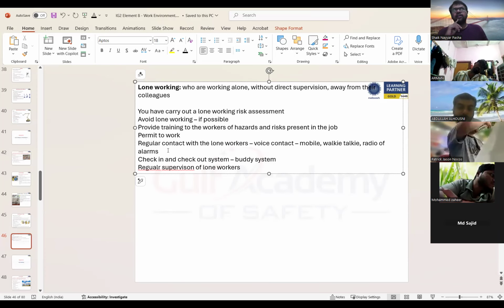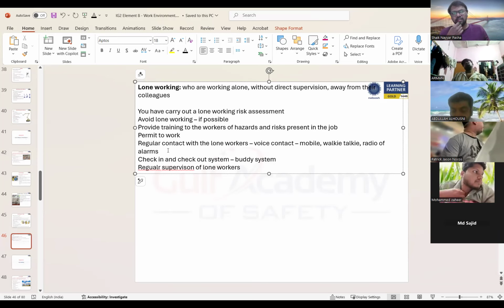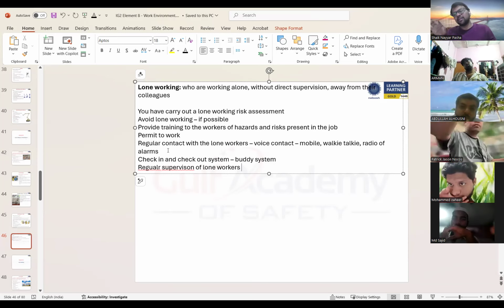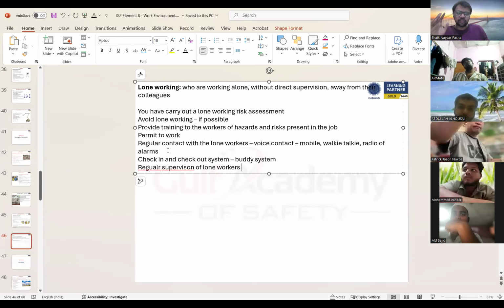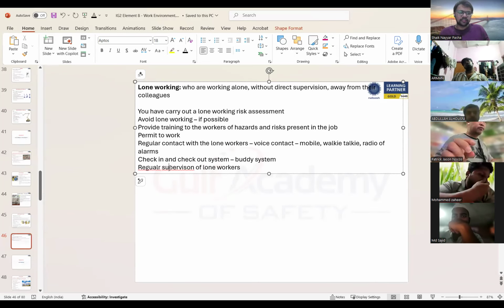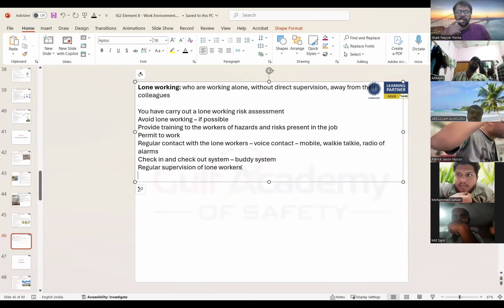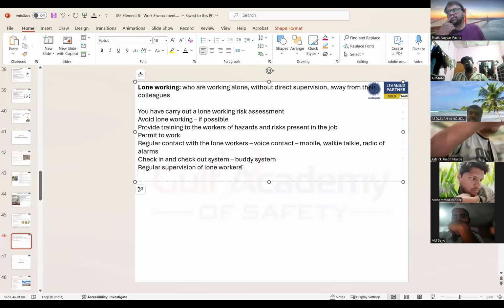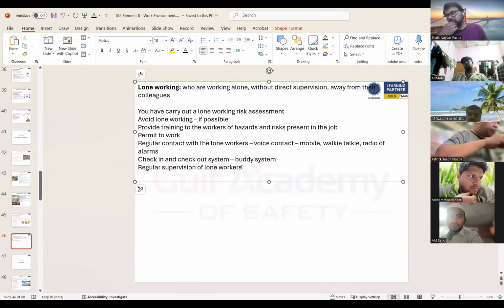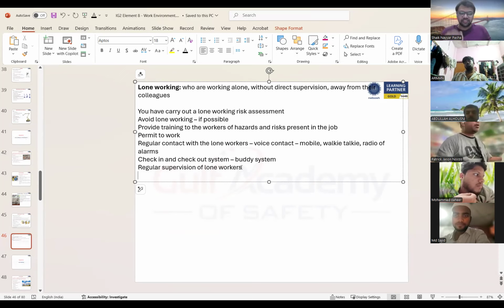Restrict or prevent workers from lone working in high risk areas, particularly very remote locations, or at night time when there is a higher risk. You should definitely restrict night time lone working, and always develop a procedure for how to do that particular job, and whether emergency arrangements exist.